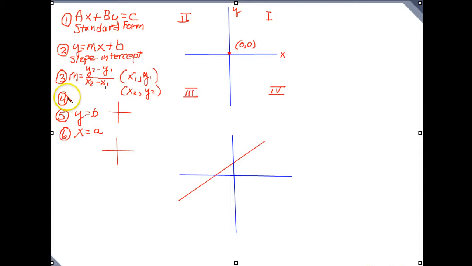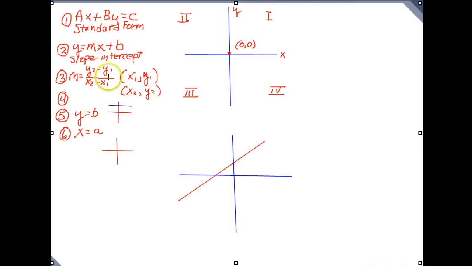I don't see that you've used what I use 4 as a reference for, but 5 is used. This is y equals b, and y equals b by definition is a horizontal line going through the y-axis.